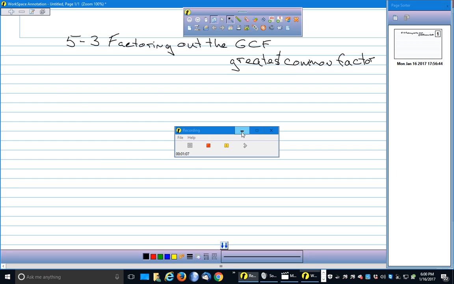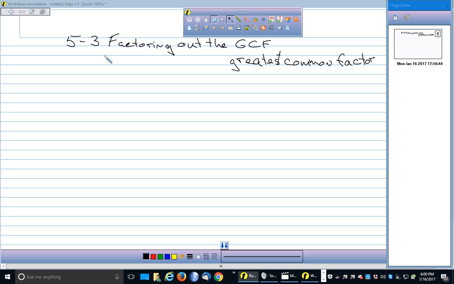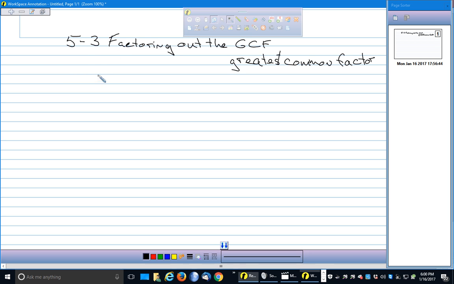All right. So, you probably already know that if you have an expression like this, 64 plus 4 in parentheses, this is kind of the opposite of multiplying, because when we're solving algebraic equations, factoring becomes really important, because when you factor things out, you can solve the algebraic equation.